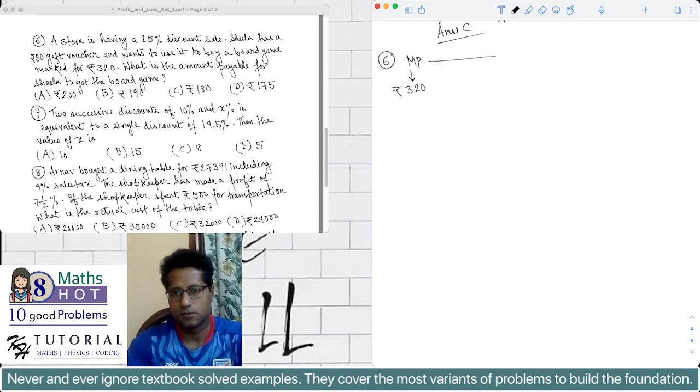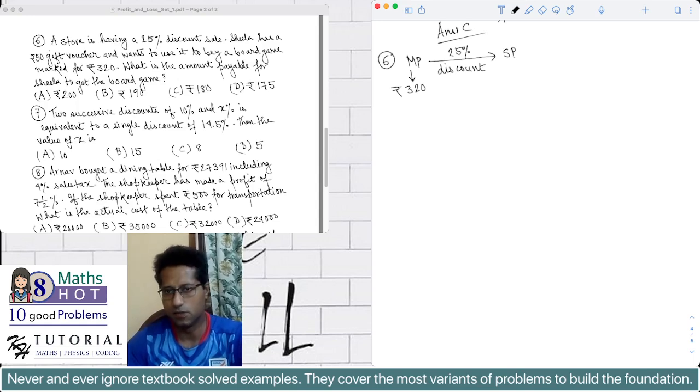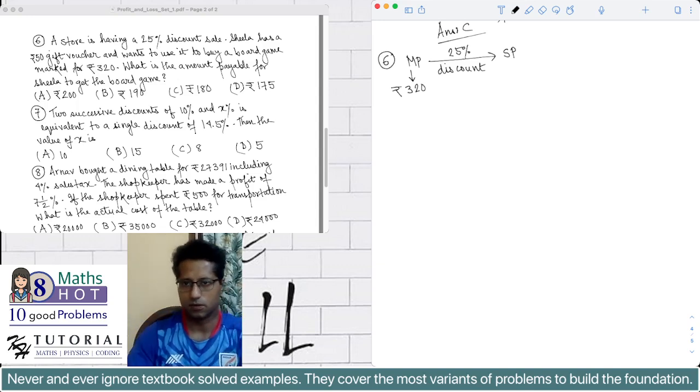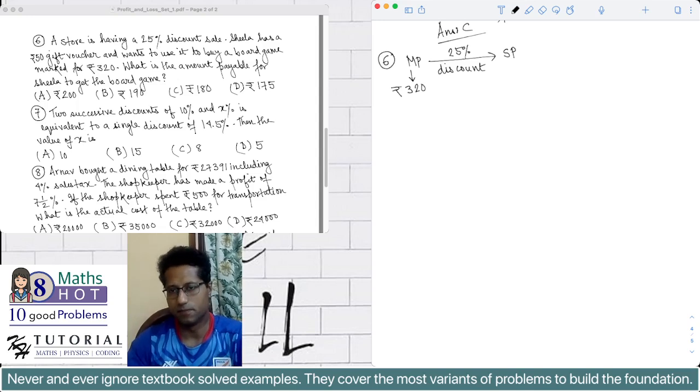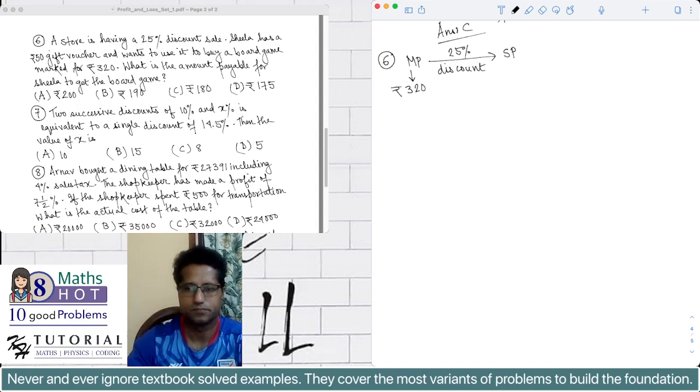From the mark price of rupees 320, the store is giving a discount of 25% on the board game, and hence we get the final selling price. We can easily compute the selling price based on the discount percent and the mark price. And from the selling price, we have to subtract rupees 50, because Sheila has a rupees 50 gift voucher.